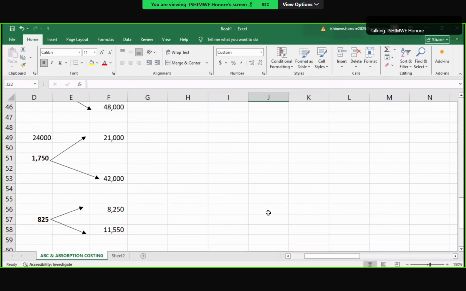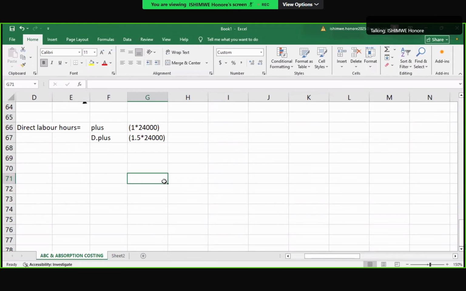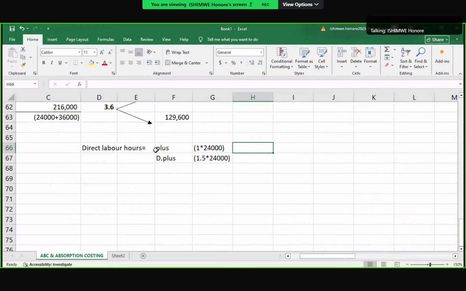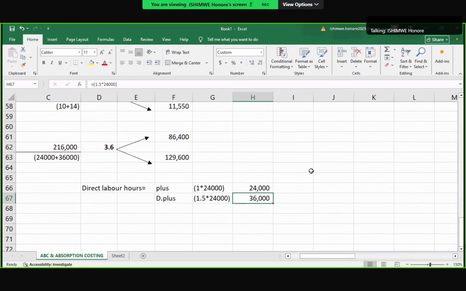Remember, we computed something here. Let me put the figures we computed again. It was 24 and 36. The 24 is the direct labor hours for plus, and 36 is the labor hours for double plus. So I have to choose 24 and 36, okay?